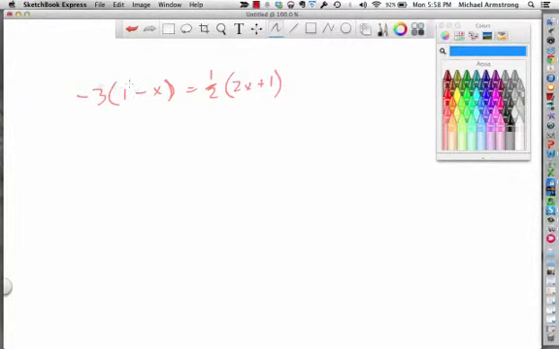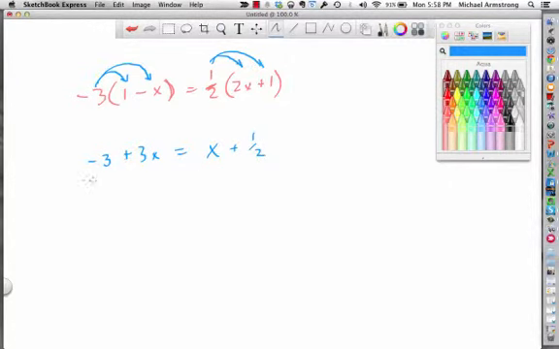You got to make sure you see it. -3 times 1 is -3, -3 times -x would be +3x, because -3 times -x is positive. And 1/2 times 2x is equal to 2 halves. 1/2 times 2 is just 1. So it just gives you x. And then 1/2 times 1 is 1/2.